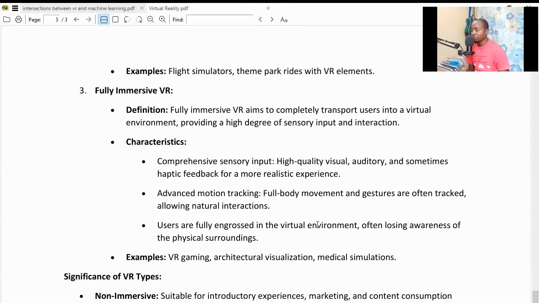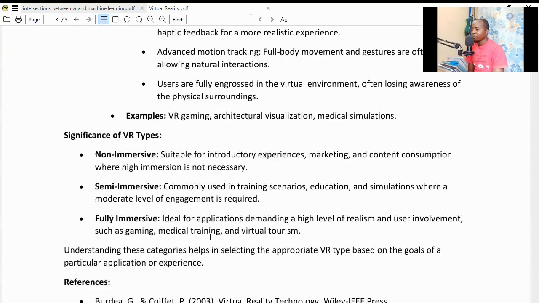So the users are fully engrossed in the virtual environment. So we have VR gaming, architectural visualization, medical simulation and such. They form part of fully immersive virtual reality that there is today.